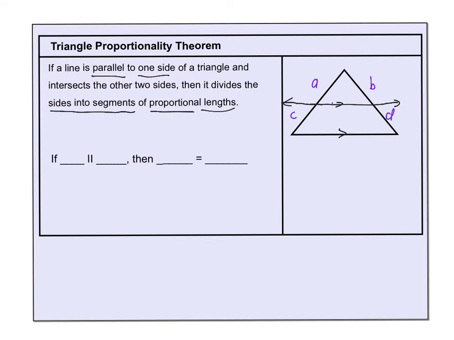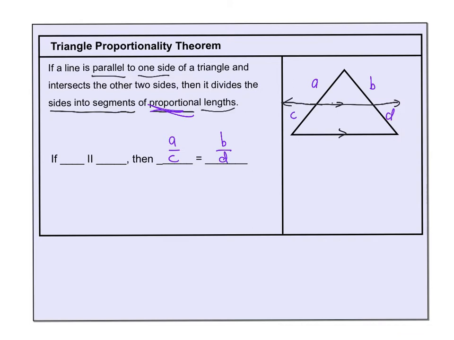I'll label those A, B, C, and D. So what this says is that if I've done this, then I will say proportional lengths. So I would say A over C is equal to B over D. That's all it's saying.